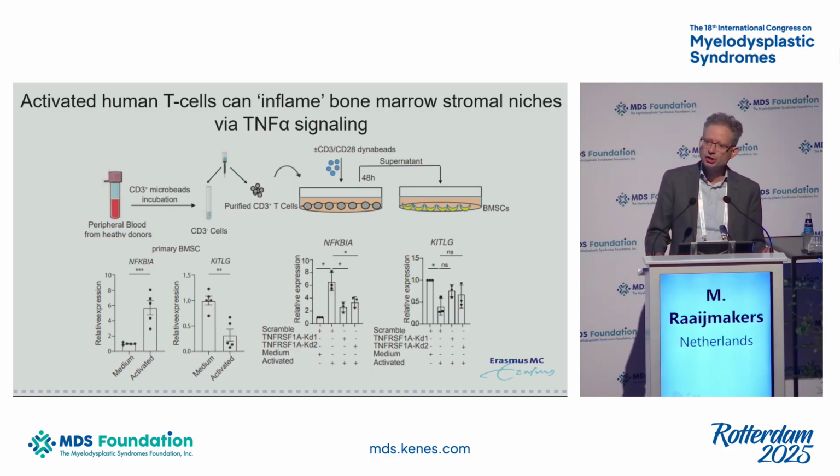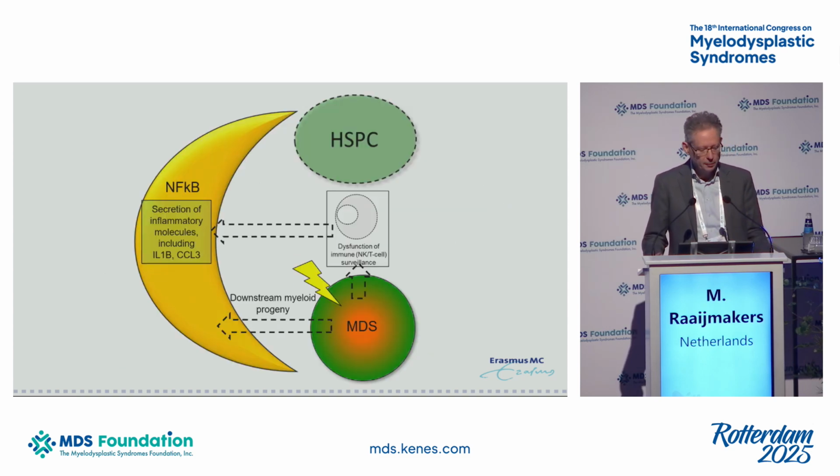And this was partially, at least, dependent on expression of the TNF-alpha receptor. If we knocked that down, this inflammatory activation was mitigated. So this tells us that T cells, at least in this setting, could play a role in the inflammation of stromal cells. So I don't think that's the only pathway.